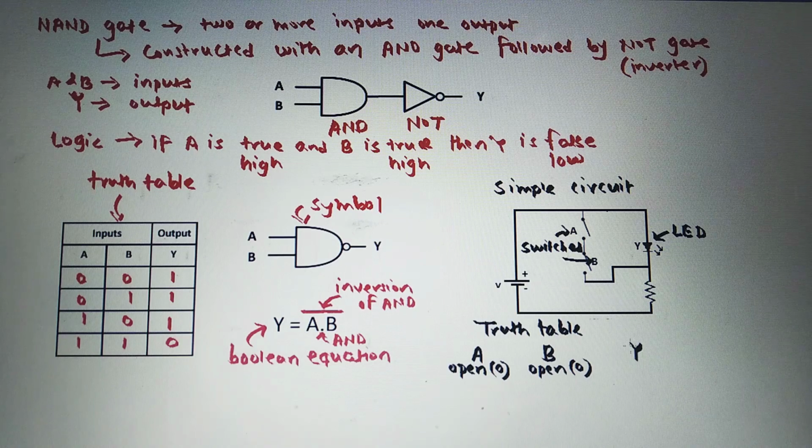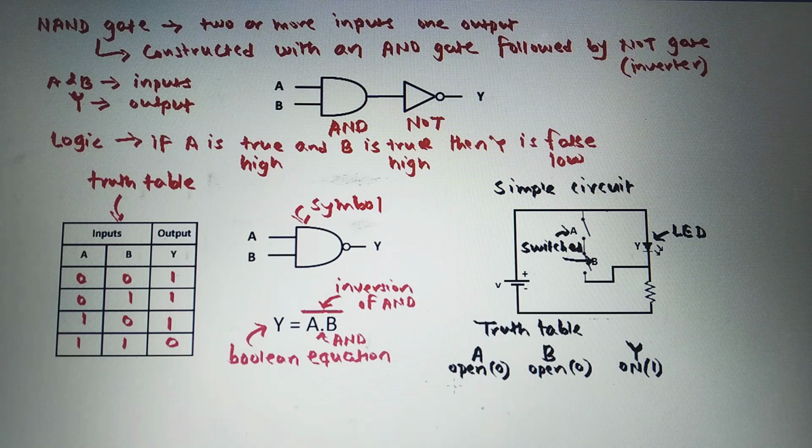So as the current flows through the LED here, that means the LED will get on here. So it is represented by binary 1 here. So as switch A is open, switch B is open, no current will flow through these switches here. So all current will flow through the LED and the LED will get on here.